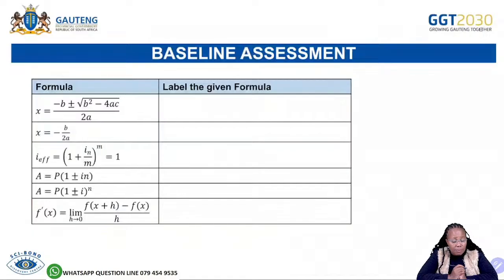The x equals minus b over 2a, the i effective, the A equals P(1 plus or minus in), and the A equals P(1 plus i) to the power n, and the f of x. Grade 12, you see these formulas and then label them on the right hand side using the table given to you. That is a 3 minute activity, and your 3 minutes starts now.